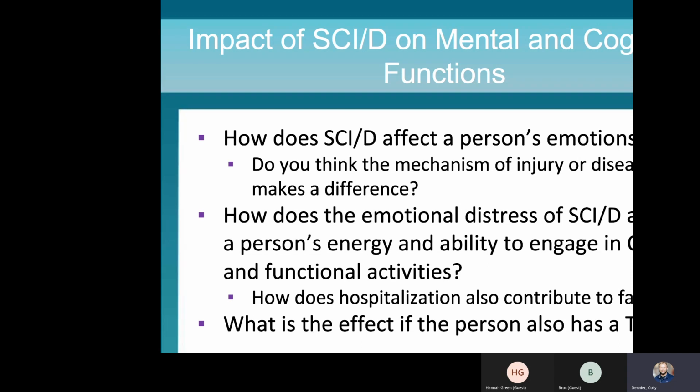Radicular pain is a shooting or burning sensation that follows nerve distribution. And central pain starts in the spinal cord and moves its way out. Those are the 3 types of pain that someone with a spinal cord injury deals with.